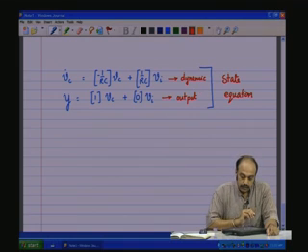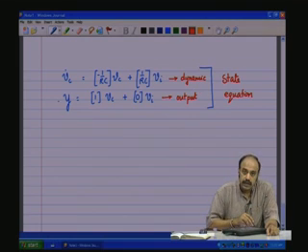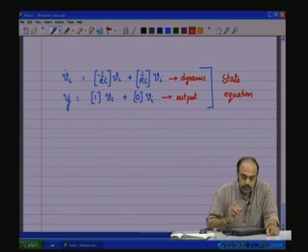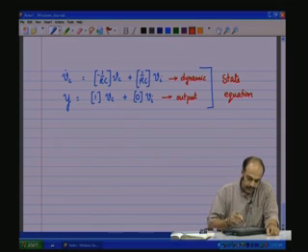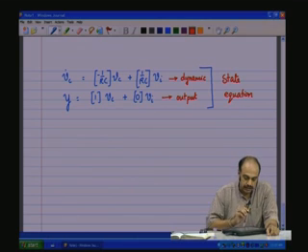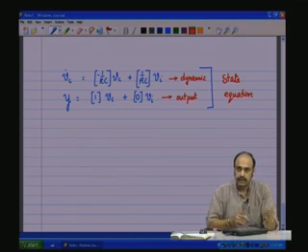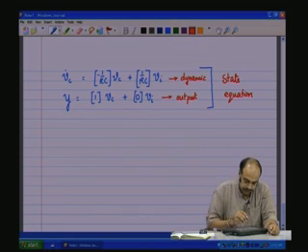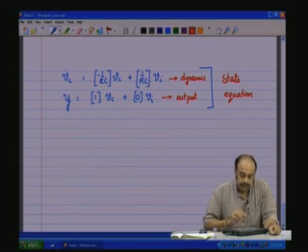Together they describe the system completely, and we see that to describe it completely we need just the input variable and the state variable, and the state variable is nothing but the variable associated with the energy storing component of the particular circuit.